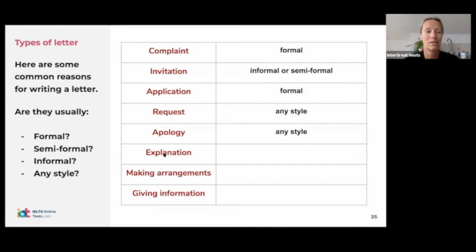Explanation. Yeah, I would probably say any style actually, or informal, semi-formal. Making arrangements. Again, any style. Again, of course, it depends on who you're making the arrangements with. And giving information.